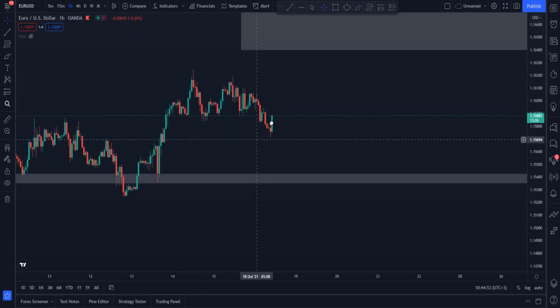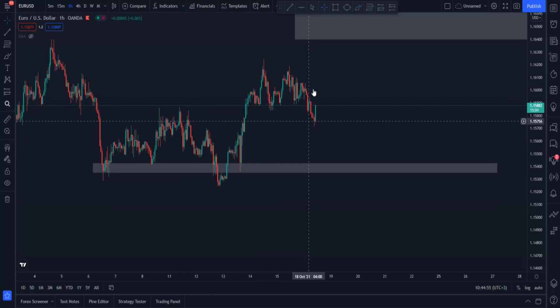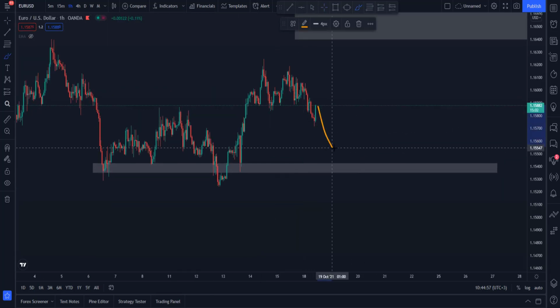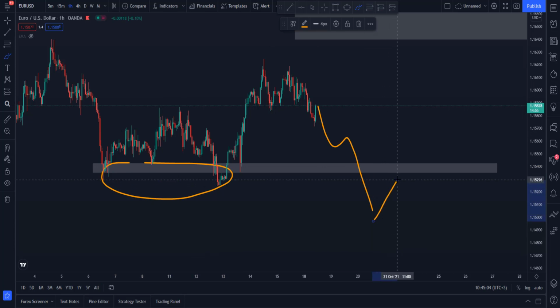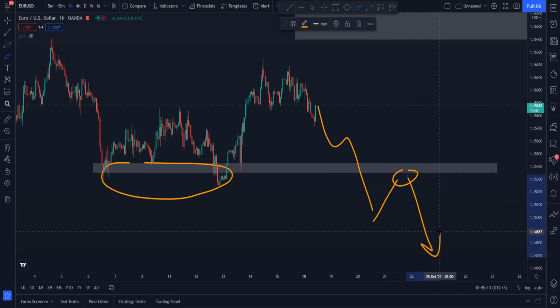We could see the market just continuing lower straight away. Then I'm going to be waiting for price to break below this previous structure. Once it does, I will wait for that retest, and as soon as I get this retest around the 1.1530 level, I'm going to look for short trades.